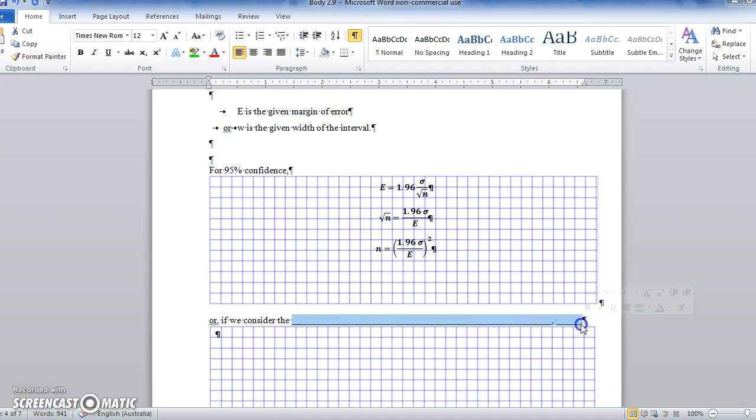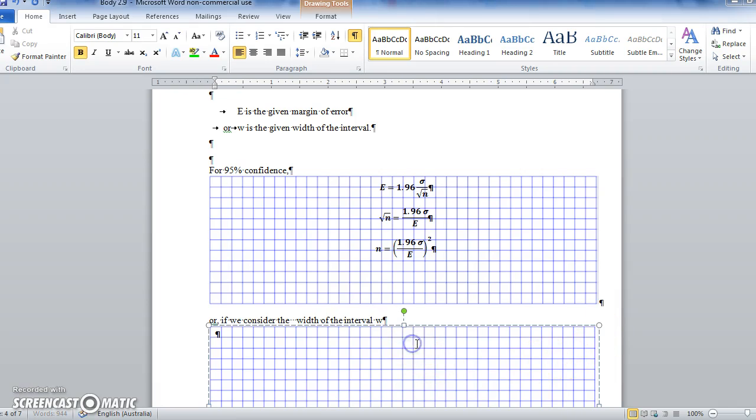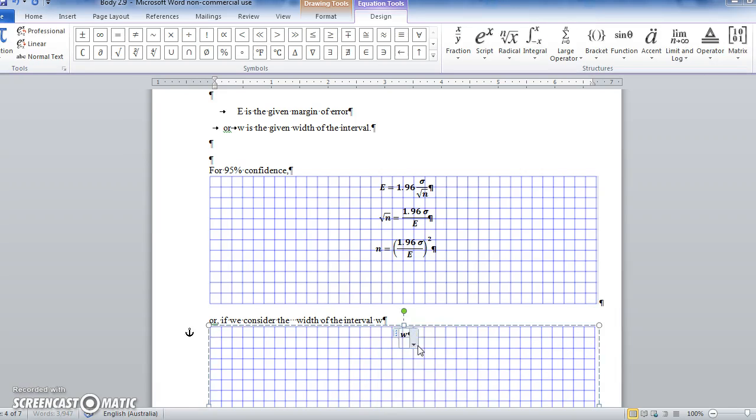We could also find a formula for the width of the interval. So if we consider the width of the interval, which is represented by w, not x, w, then w equals 2E, which implies that E is equal to a half of w.